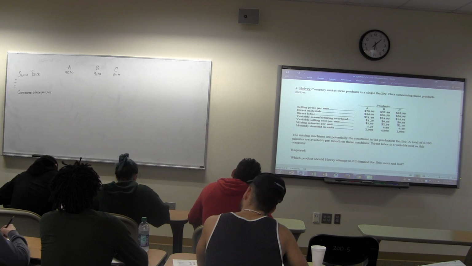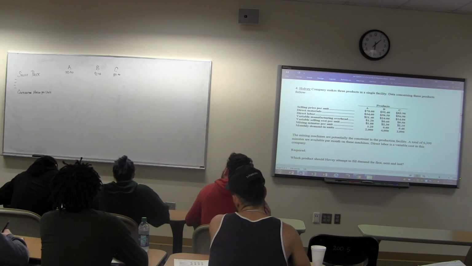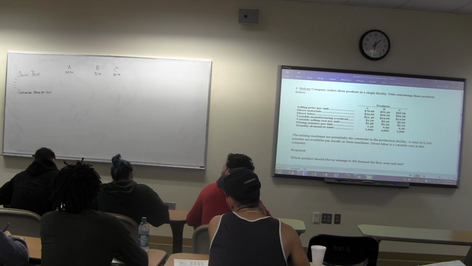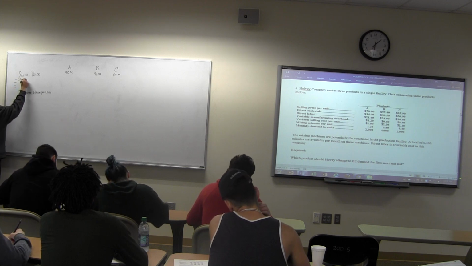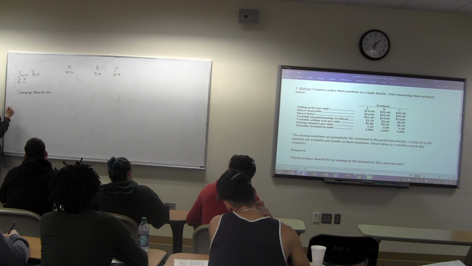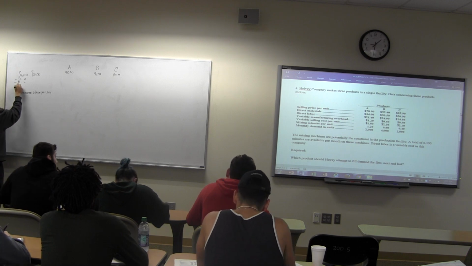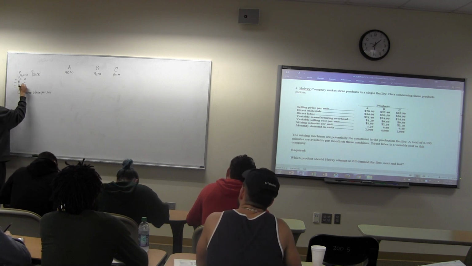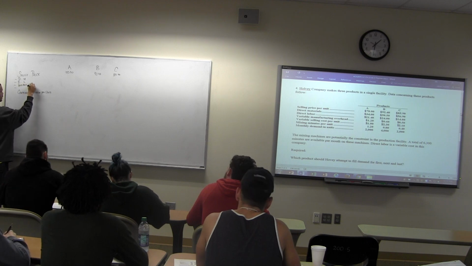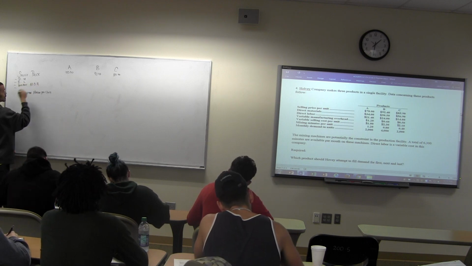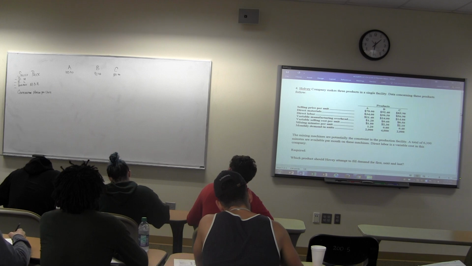Okay, these 4 marks are the 4 things we're going to have to take out from sales to get a contribution margin. What are those 4 things at a minimum? Direct materials, direct labor, variable manufacturing overhead. Thank you. Key word, variable. Everybody knows that MOH is manufacturing overhead, correct?